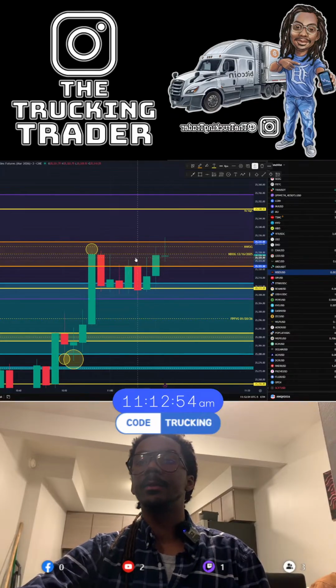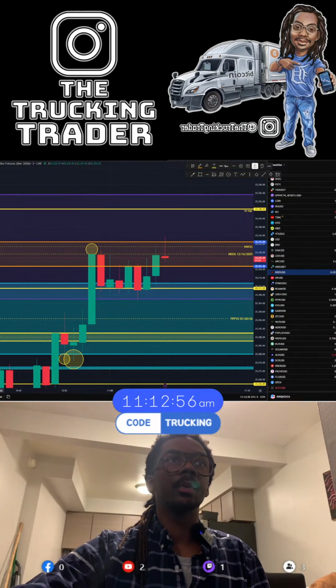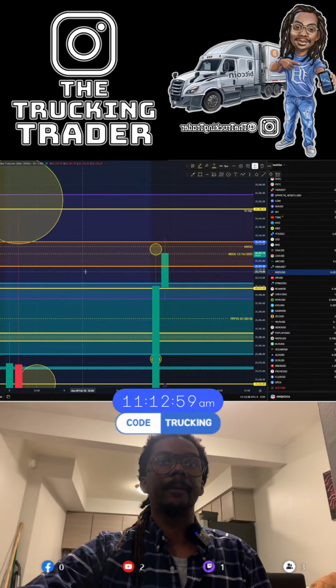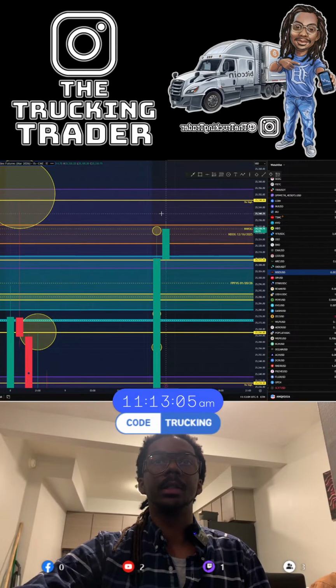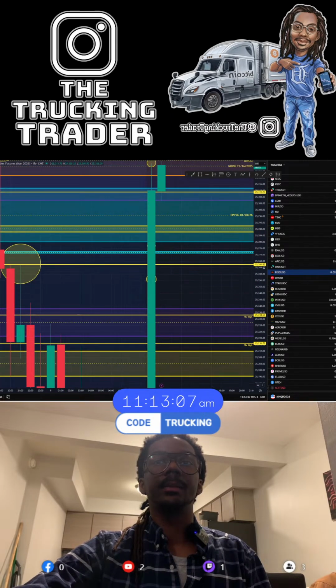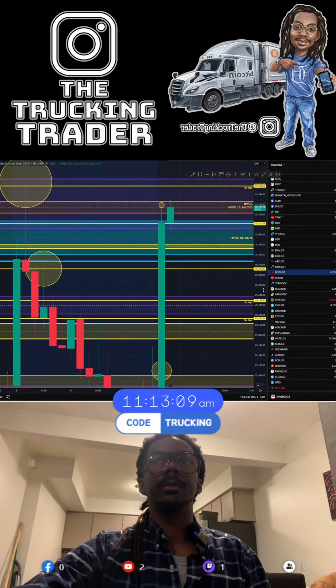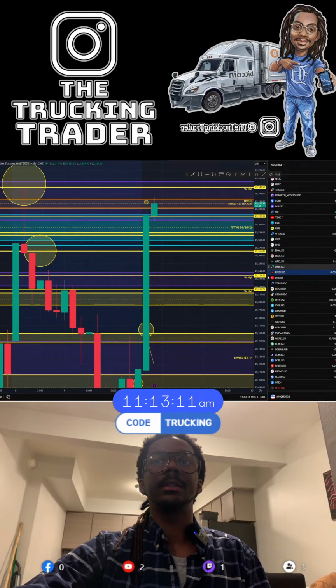So what we're waiting for is the 1 hour candle to close. We got a 1 hour candle to close above this swing high right here, which means that we're bullish. Which means, in order for us to keep going up, we want to see some type of a pullback.